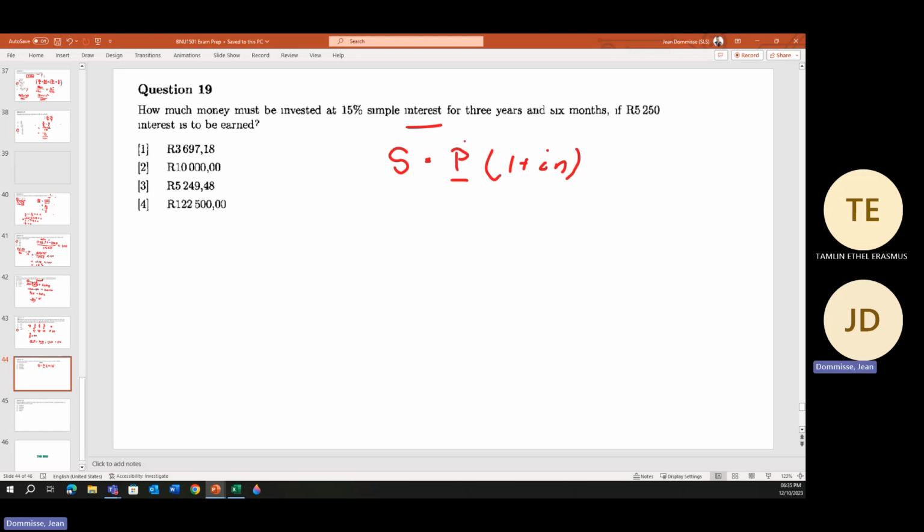How we will do this is to say S divided by this equation so that we can get P. Let me just read: how much money must be invested at 15% simple interest for 3 years if 5,250 interest is to be earned? Okay, so again, I read it wrong.